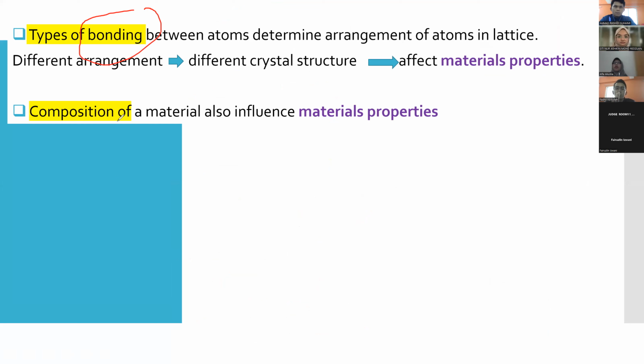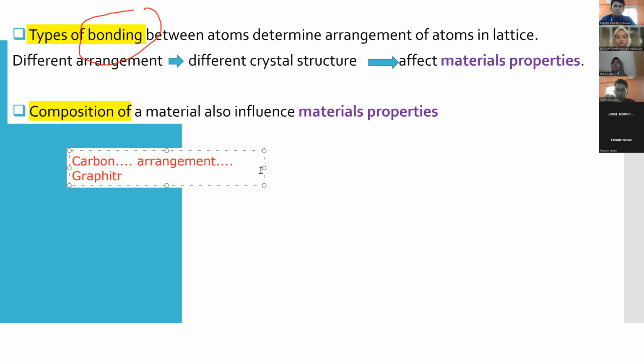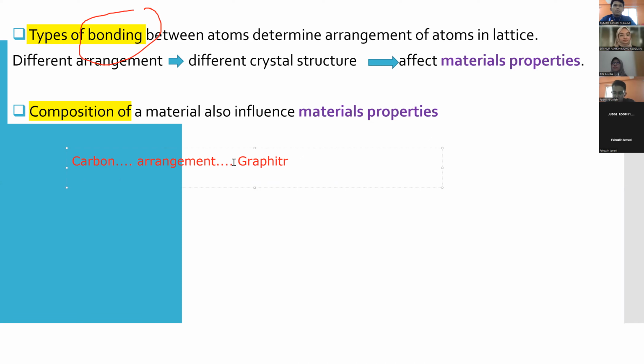When I have carbon make an arrangement, it becomes graphite. It can be used as a pencil.